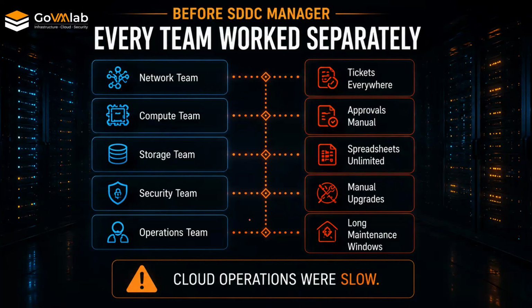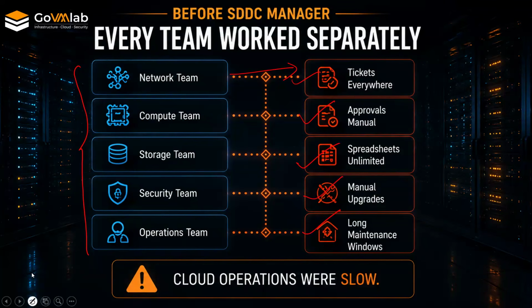If you see this slide, we have dedicated teams of specialists. But the problem here is that the teams are not connected. Instead, they are connected via tickets, via approvals, via spreadsheets, maintenance windows, and a lot of long processes, not automation.